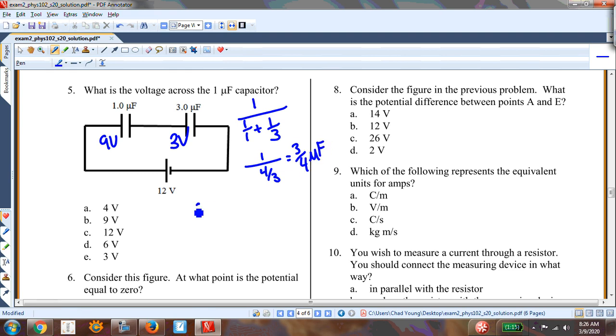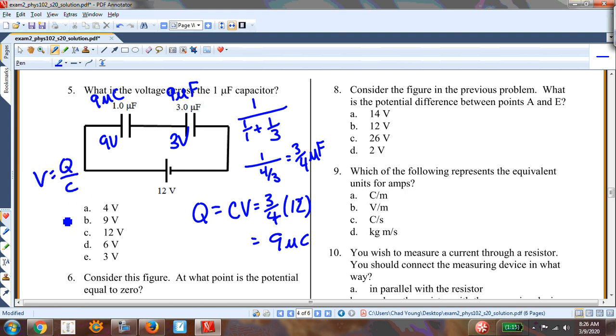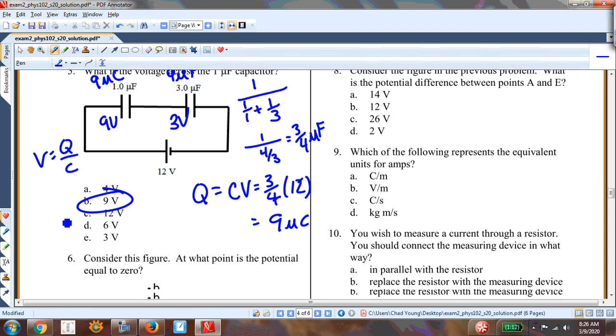So it would have a charge on both of these equal to C times V, 3/4 times 12, which is 9 microcoulombs. So each of these will have 9 microcoulombs. And then to find the voltage is going to be Q divided by C, or 9 over 9.